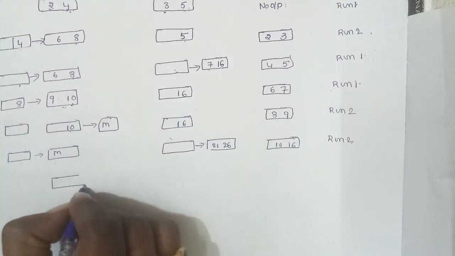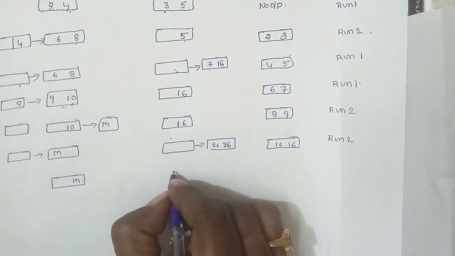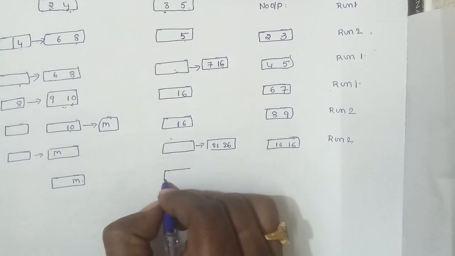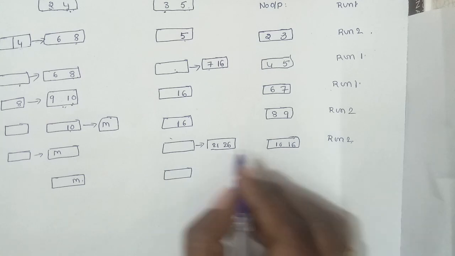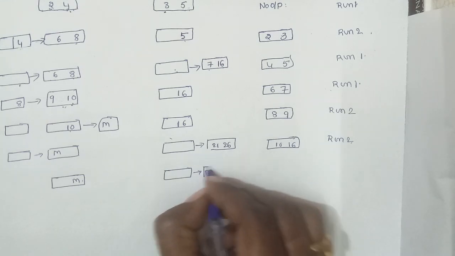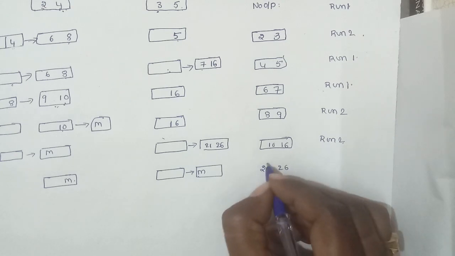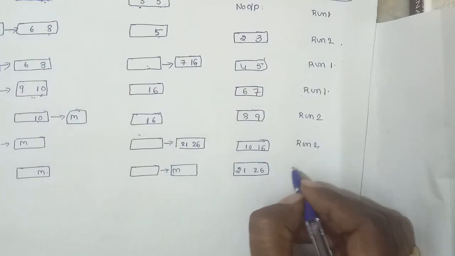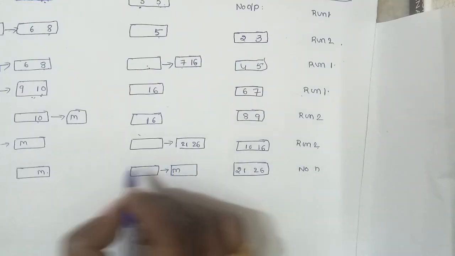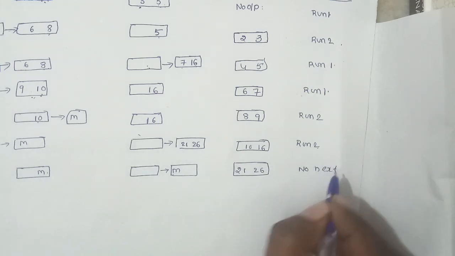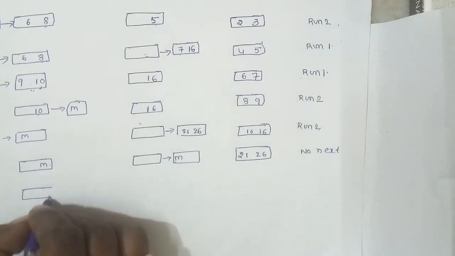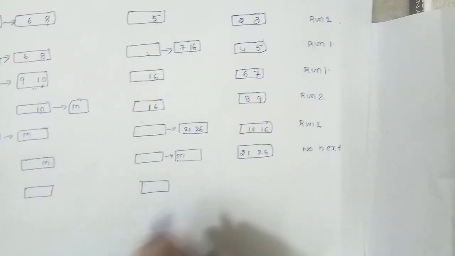Now finally, a single buffer. You have to read from run 2, and run 2 is also completed. Simply place the records, and there is no element from run 1 or run 2. Simply stop the procedure. You got it?